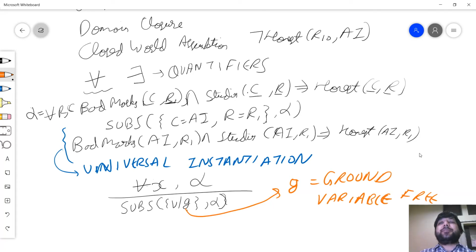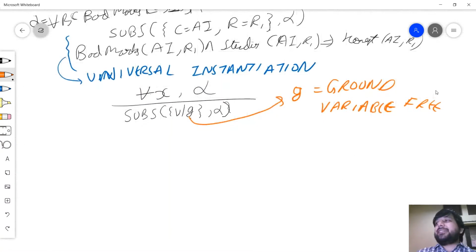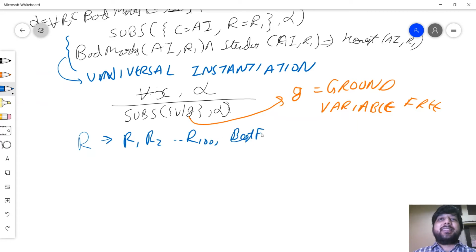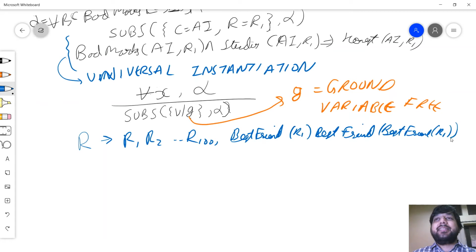Now remember, when you do that, I could replace in general R with R1, R2, R100, best friend of R, best friend of best friend of R1, and so on. So the number of universal instantiations are infinite.